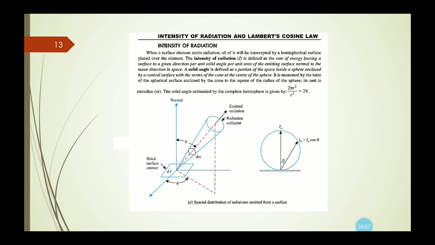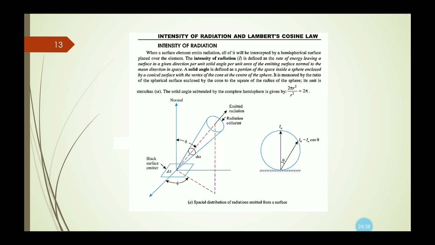Now what is this solid angle which we have considered in the intensity of radiation? The solid angle is defined as the portion of the space inside a sphere enclosed by a conical surface with the vertex of the cone at the center of the sphere. It is measured by the ratio of the spherical surface enclosed by the cone to the square of the radius of the sphere.